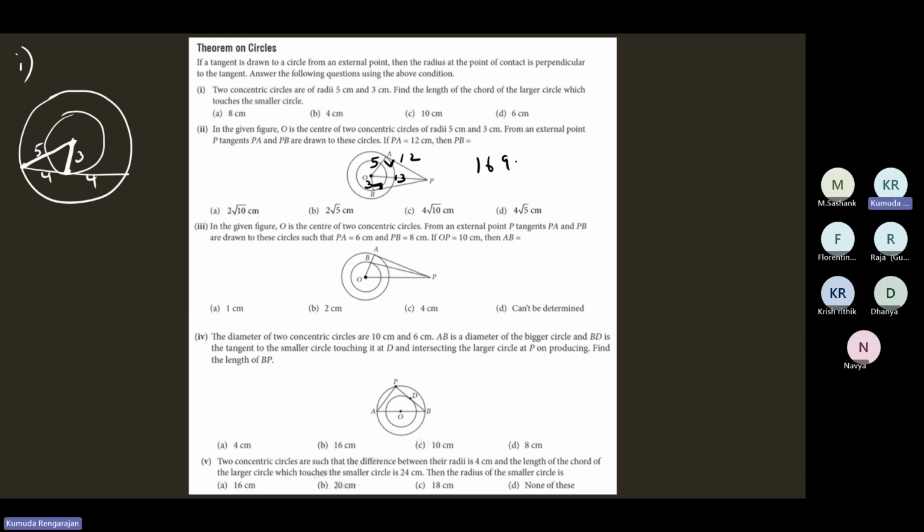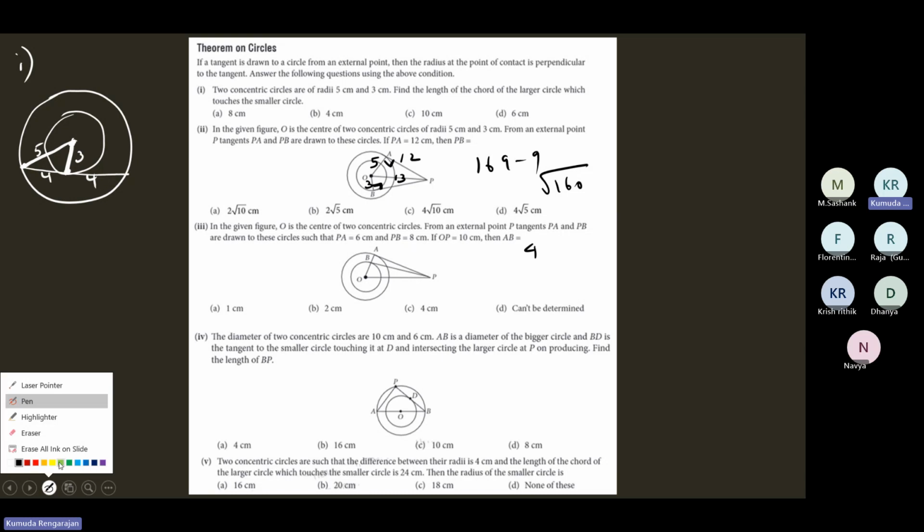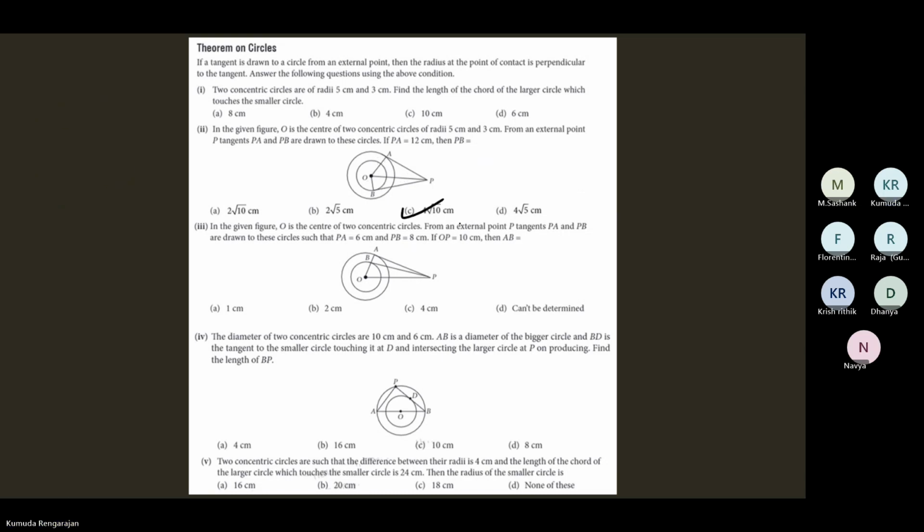So 169 minus 9, 160, root 160, 4 root 10. Correct. 4 root 10. Right? Yes, ma'am. Then AB is equal to 2 centimeters.